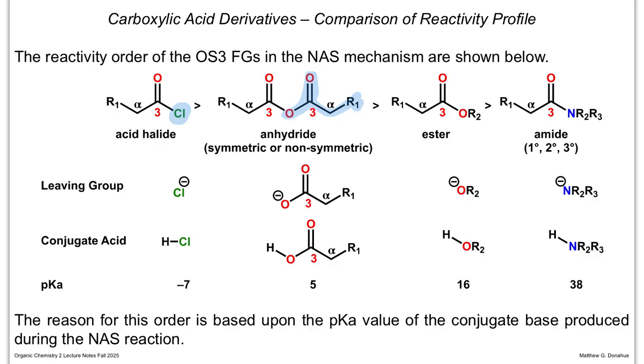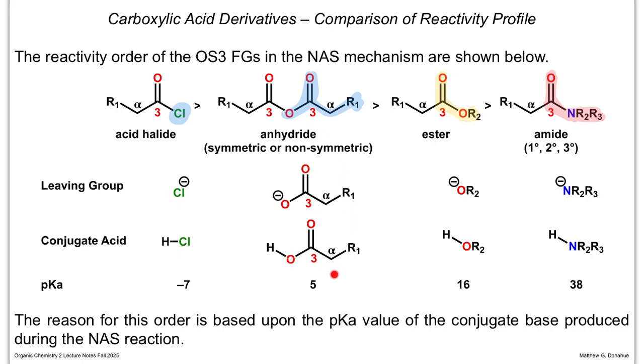When you do that for all these other OS3 functional groups, notice how the pKa changes. The leaving group for an anhydride is the carboxylate.